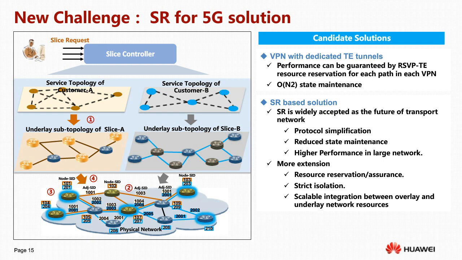The protocol is simple, the network state maintenance is less, and the performance is higher in a large network. But right now, segment routing also needs some new extensions. Right now, segment routing doesn't have resource reservation and assurance capability. Huawei is researching this. Also, how to do strict isolation.